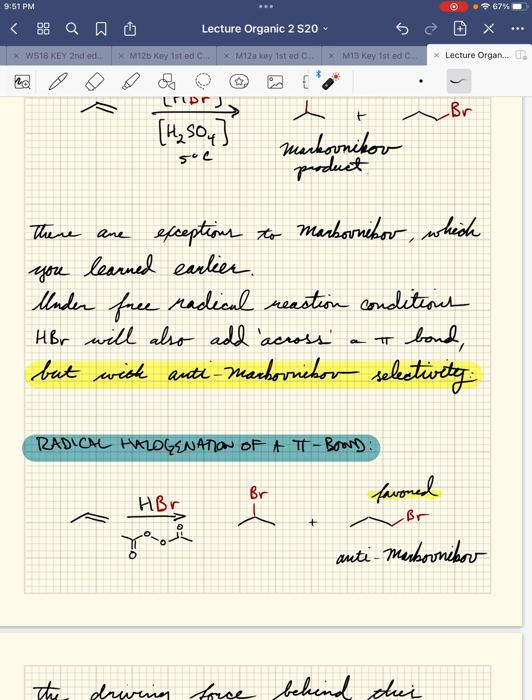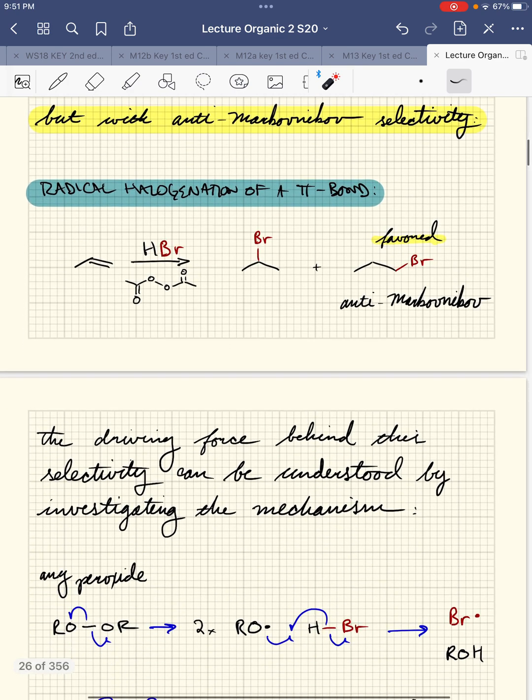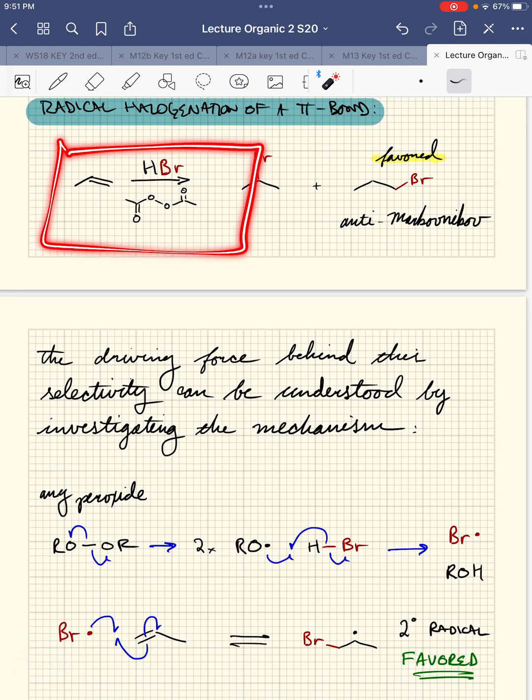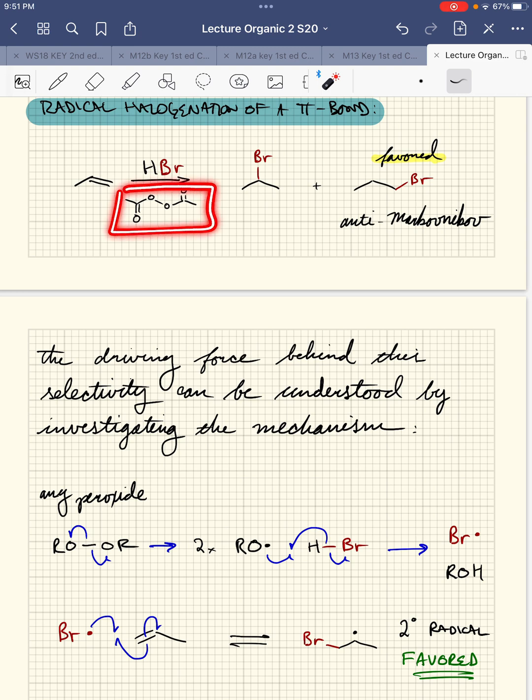And how do we explain that? As with virtually all explanations in organic chemistry, it's to look at the reaction mechanism and see how one reaction pathway is favored over another. So let's take a look at this reaction mechanism, and we're going to use that to help us determine why this anti-Markovnikov product is favored. First, we're going to start with this free radical initiator.